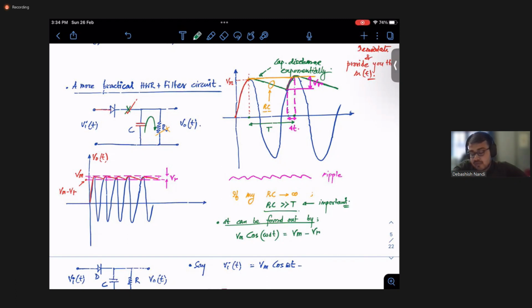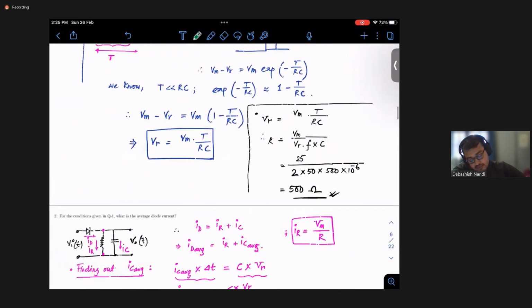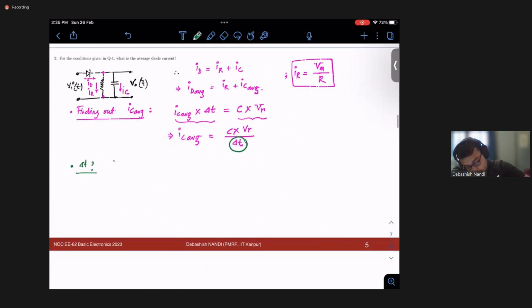From this equation, we'll be finding out our delta T. So Vm cos omega delta T is equal to your Vm minus Vr.